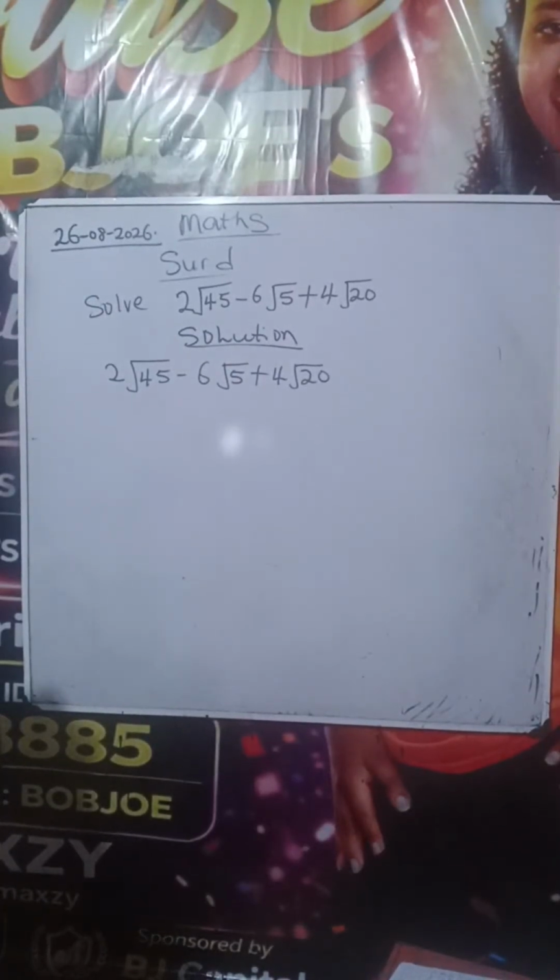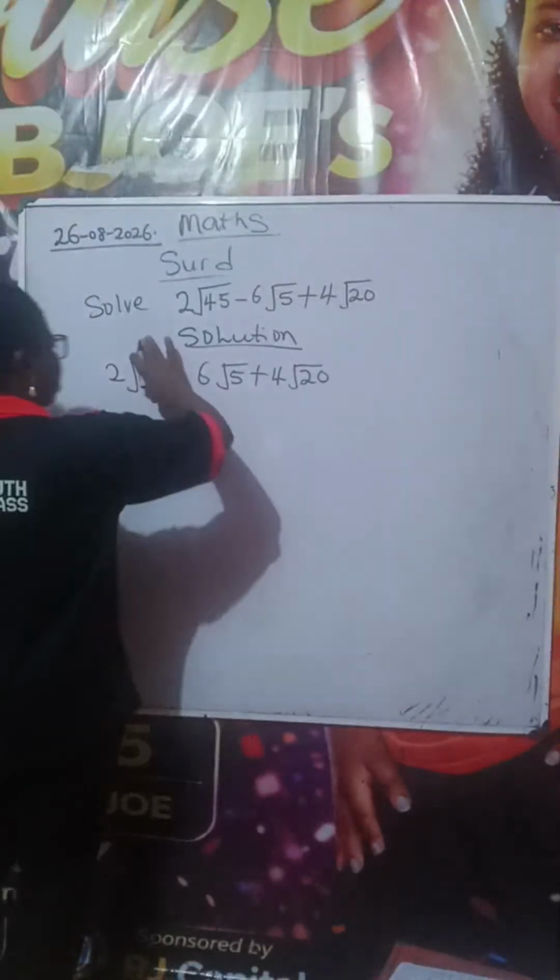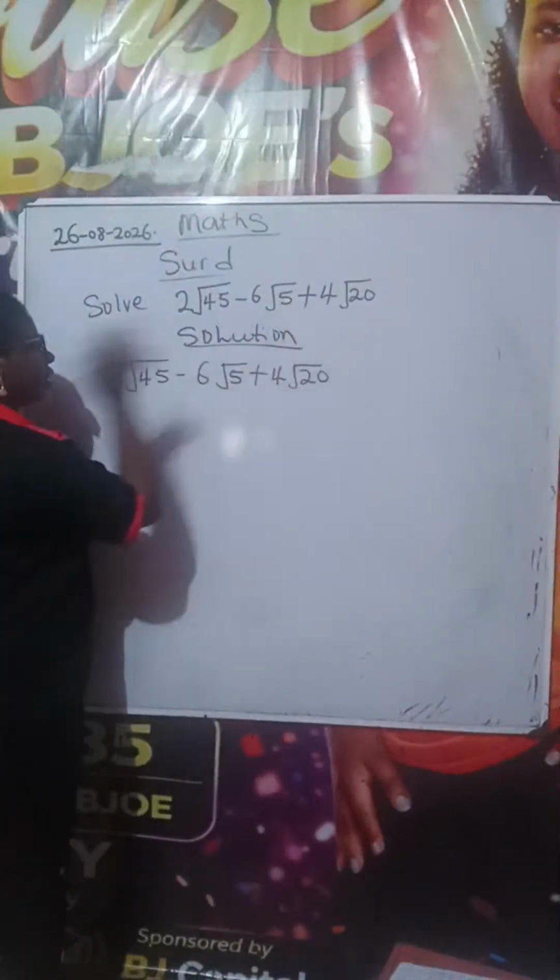We can add, we can subtract only if the root is the same. Because if the root is not the same, we can't do anything. Now, all we need to do is to simplify.